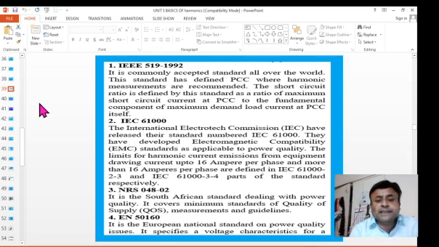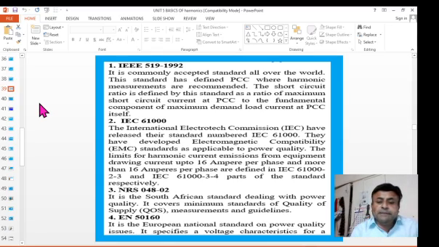The next standard is IEC 61000. The International Electrotechnical Commission, that is IEC, has released its standard numbered IEC 61000. They have developed an electromagnetic compatibility, EMC, standard as applicable to power quality.